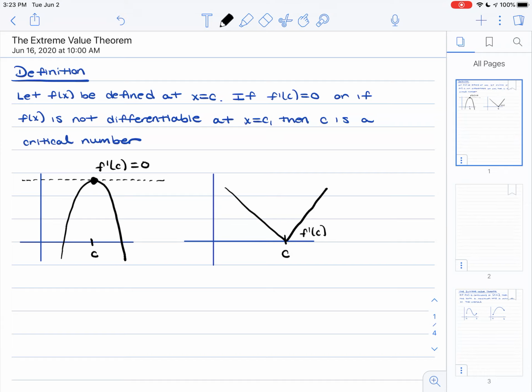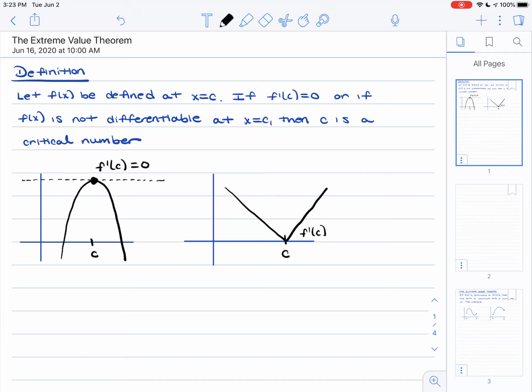Then setting that derivative equal to 0, we would get our critical numbers from our two factors. From the 6x, we get x equals 0. And from the x plus 2, we get x equals negative 2. So those would be our two critical numbers for this function.